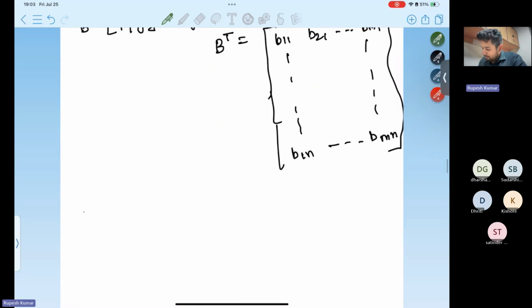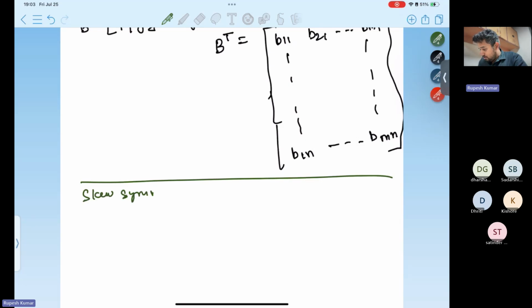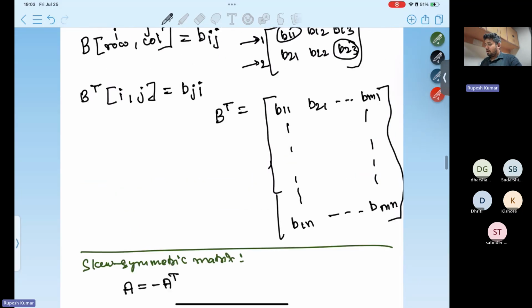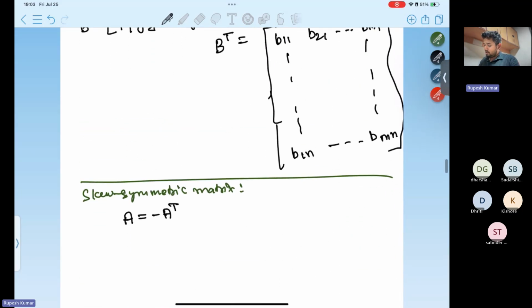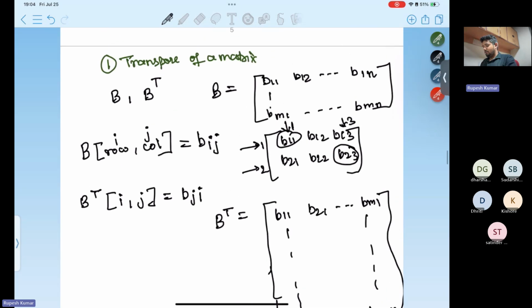So now let's talk about the skew symmetric matrix. The definition is A equals minus A transpose. Now, what is the dimensionality? If A is a matrix of M cross N dimension, then A transpose will be a matrix of dimensions N cross M, which we already saw in our example.